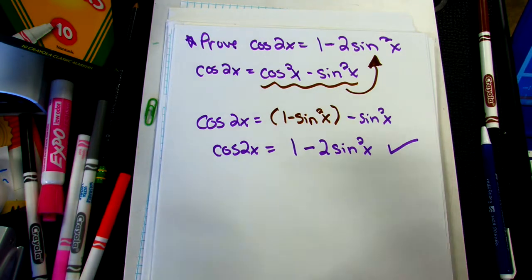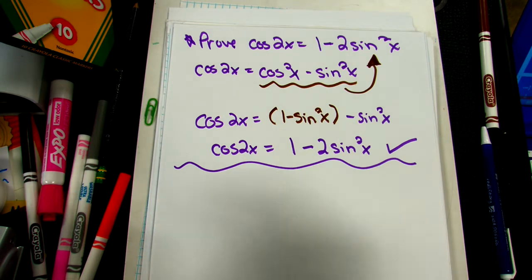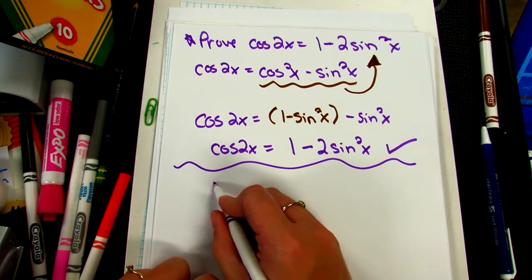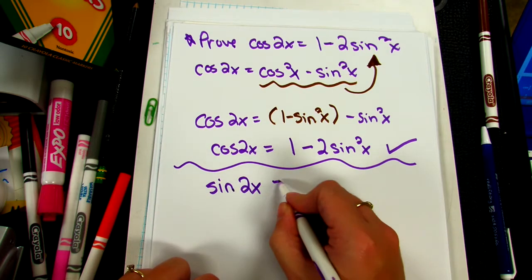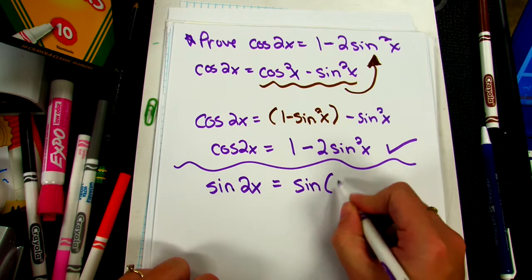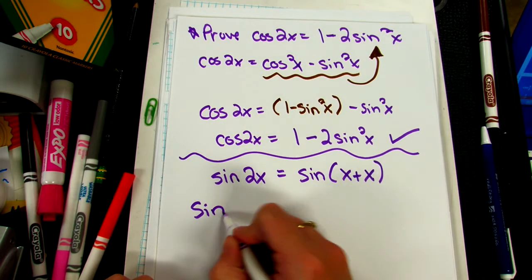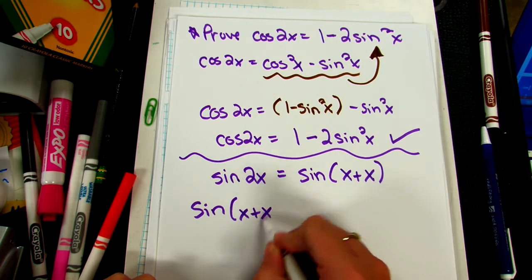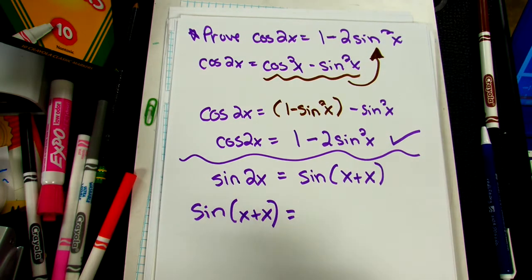What about the last double angle identity, which was sine of 2x? We know that sine of 2x is the same as sine of x plus x. We can use our sum identity, but instead of x and y, we have x and x.